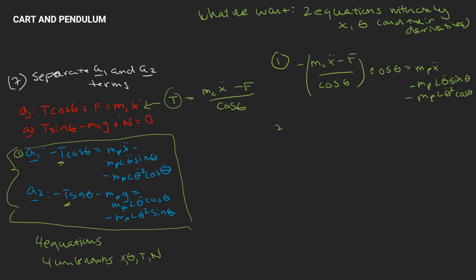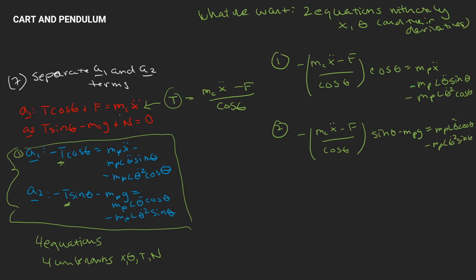And then our second equation is negative, and then again we substitute in for T, (MC x double dot minus F) over cosine theta, and this is times sine theta, minus MP g, and that is equal to MP L theta double dot cosine theta minus MP L theta dot squared sine theta.